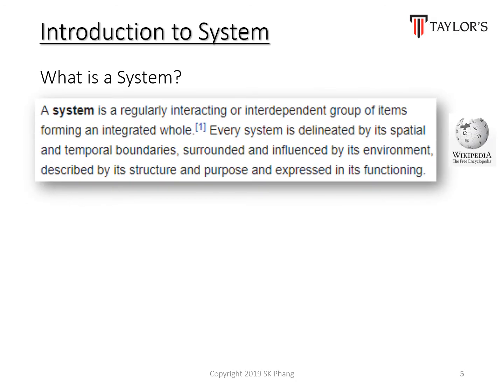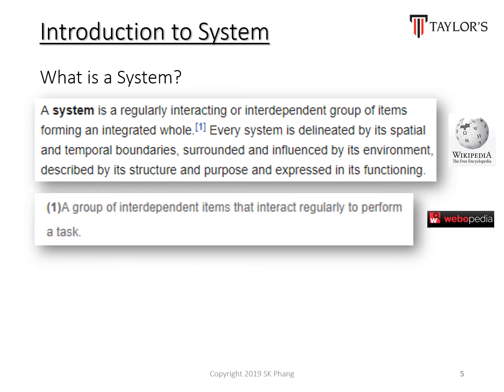According to Wikipedia, a system is a group of items that are always interacting with one another to form an integrated system. If you find definitions from other sources, most will give you the same definition, which is a group of independent items that react regularly to perform a task.